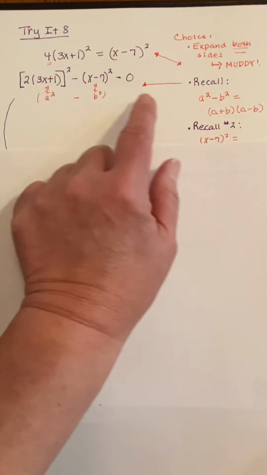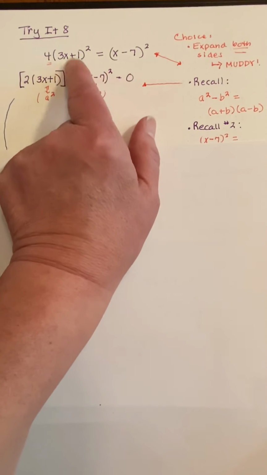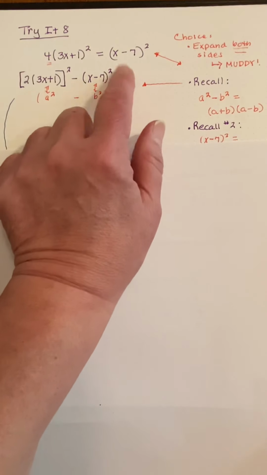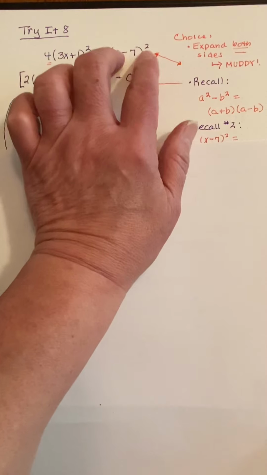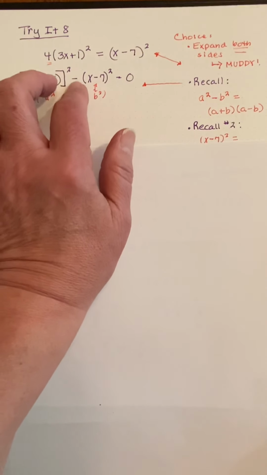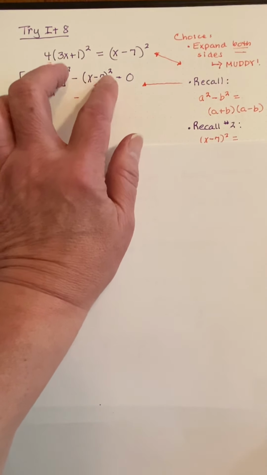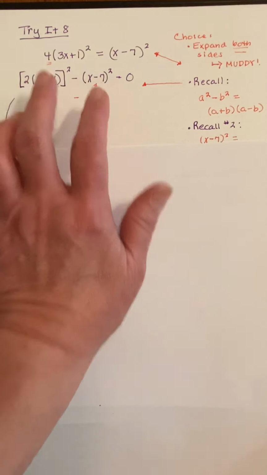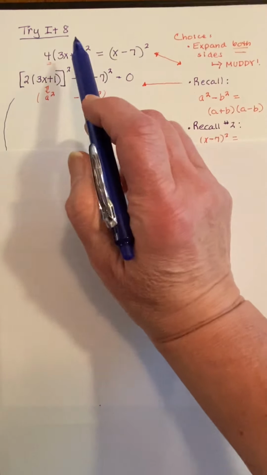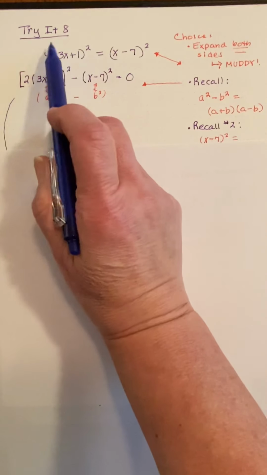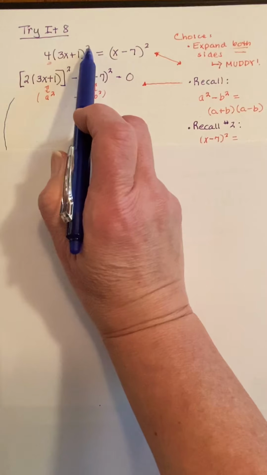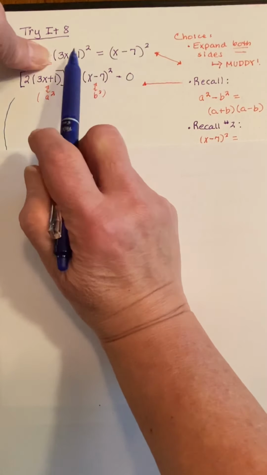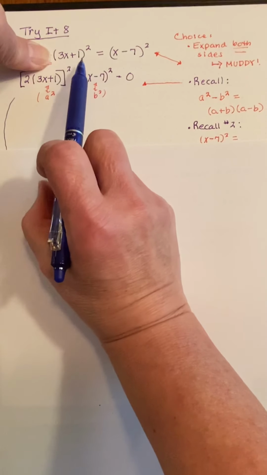So knowing this, what I did, instead of expanding before I get it over, because I learned my lesson last time, I'm just going to take this quantity, bring it to the other side, and I have a minus x minus 7 squared. So now I have my a and my b. Now what happened to that a? Well, I have to get this whole shebang as something to the second power. Right now, 4 times 3x plus 1, the 3x plus 1 is the only thing to the second power.